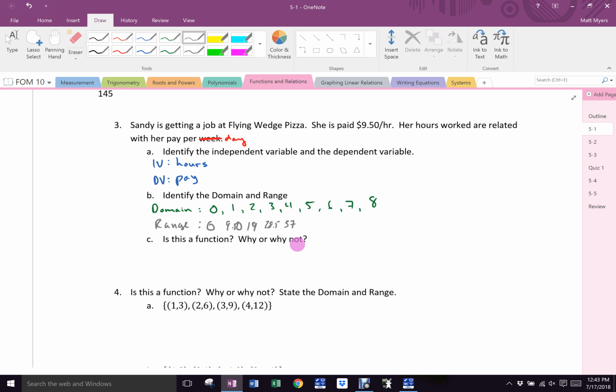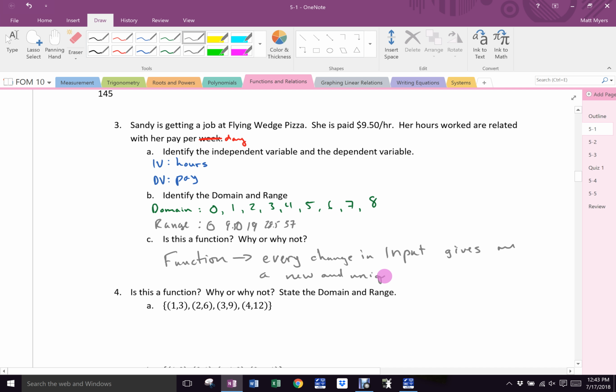So remember, in a function, every input gives you a unique output. Yes, it is a function. Why? Because every change in the input gives me a new and unique output.